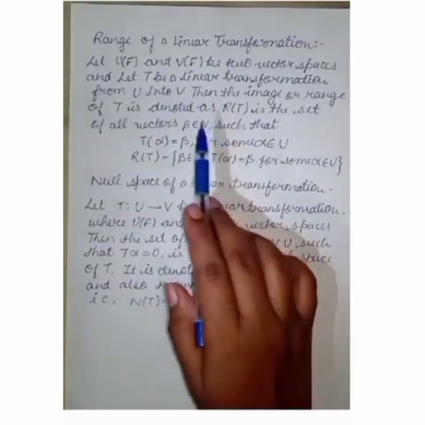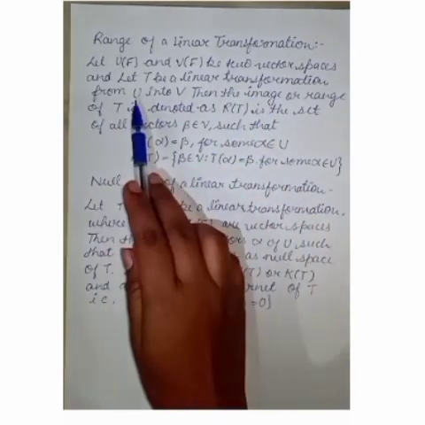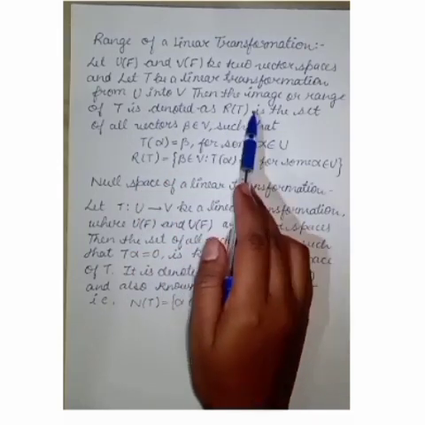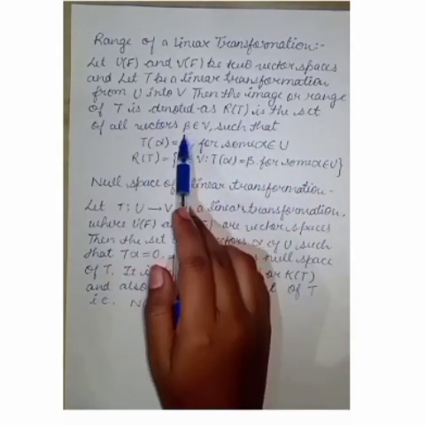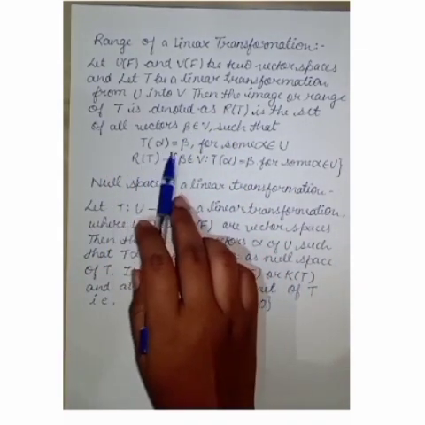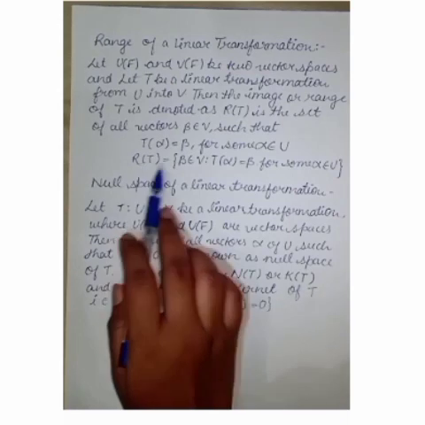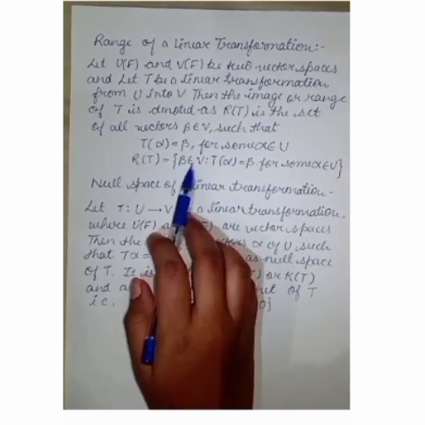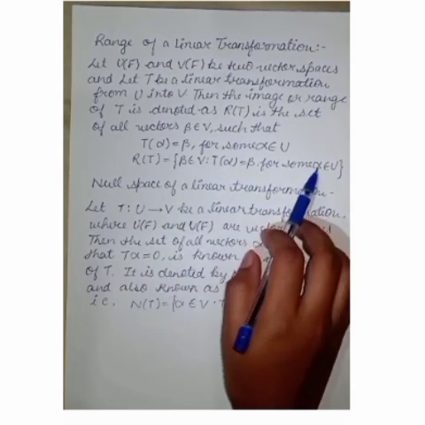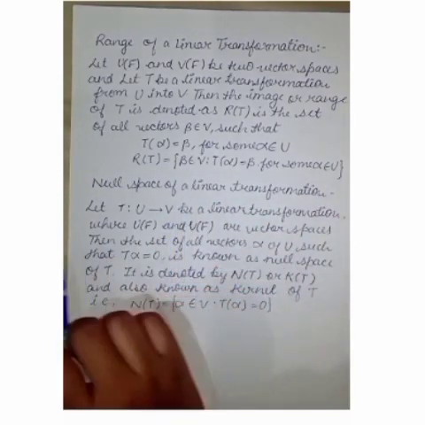Let U(F) and V(F) be two vector spaces and let T be a linear transformation from U into V. Then the image or range of T is denoted by R(T). R(T) is the set of all vectors beta which belong to V such that T(alpha) equals beta for some alpha belonging to U. This is the range of linear transformation.